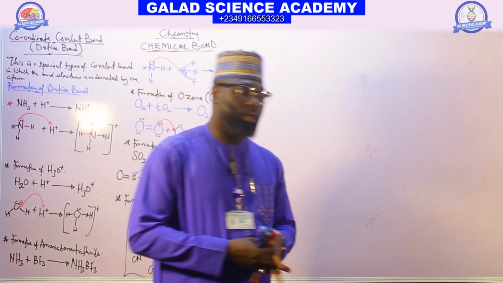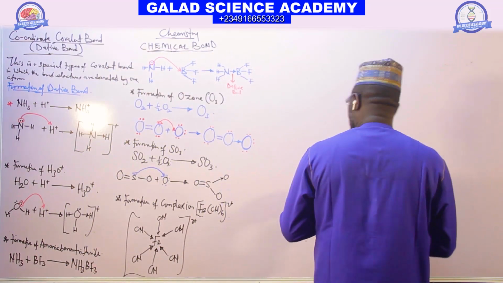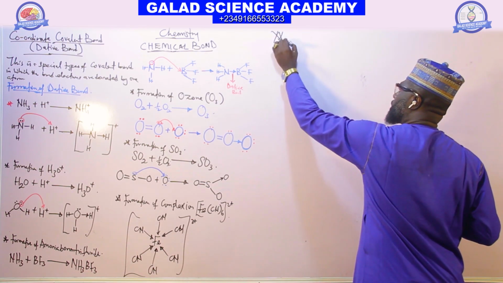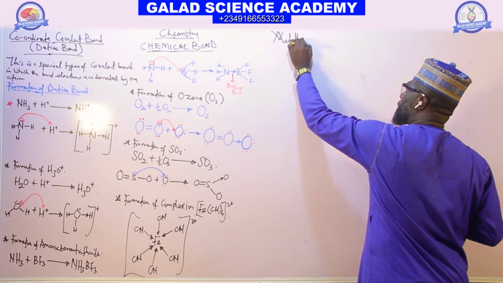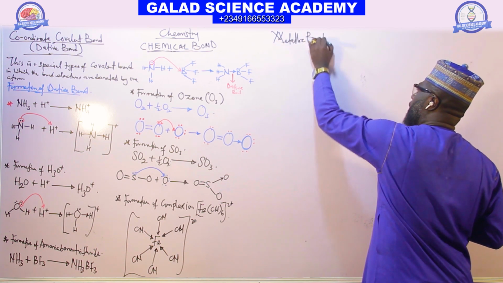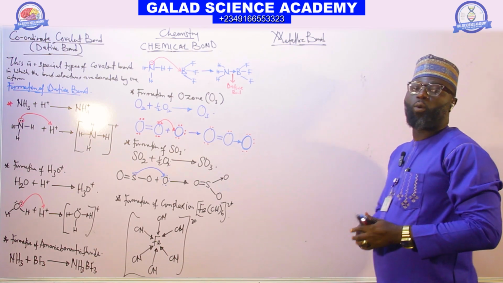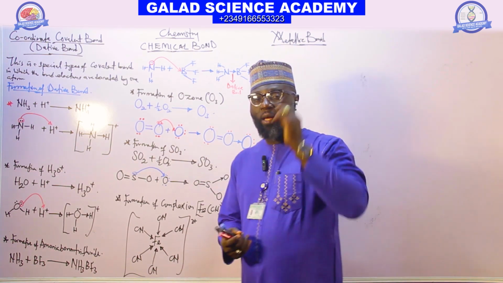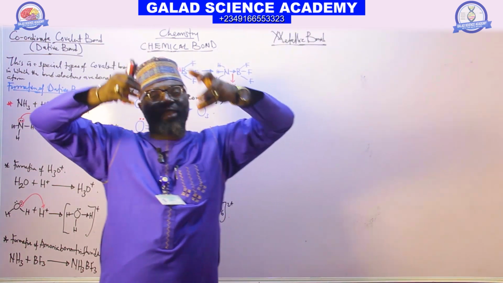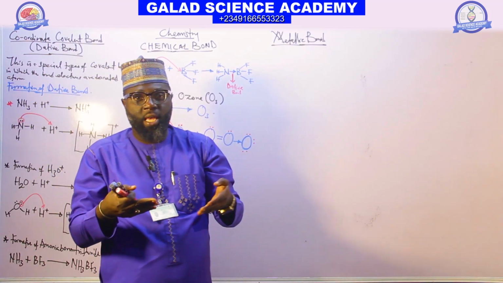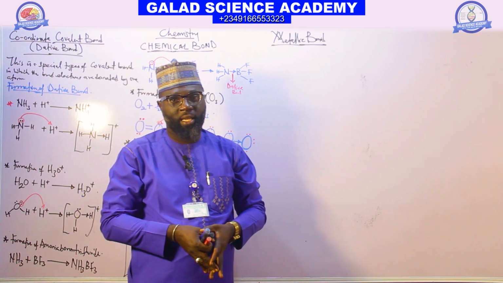So the last aspect under intramolecular bonds is the metallic bond. What is a metallic bond? A metallic bond is a bond that exists between metals.